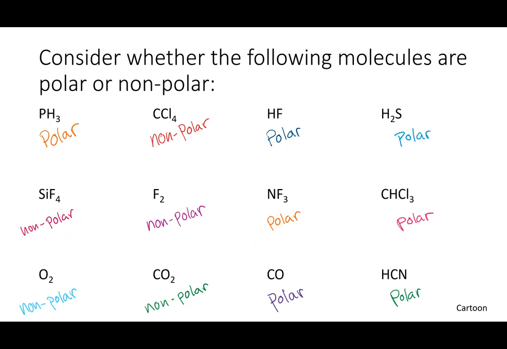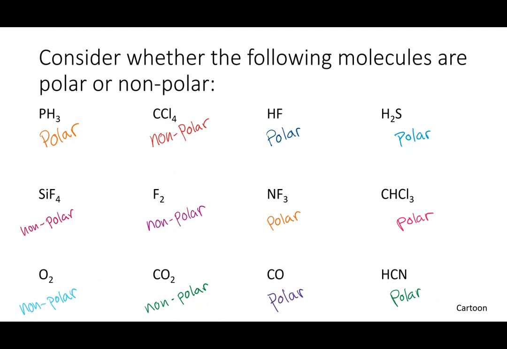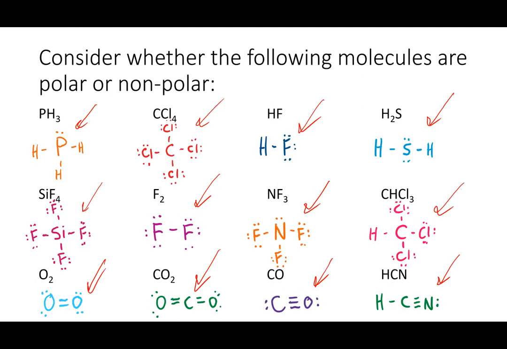Okay, so what we've got here is PH3. Let's go back here. Because it has this shape, it is polar. Do you see why? This lone pair here is different from the base of this trigonal pyramid.